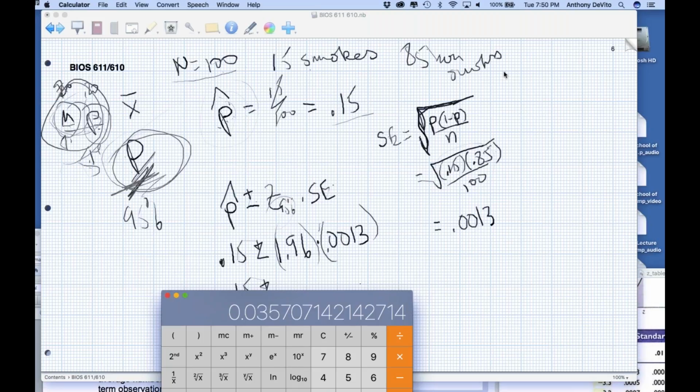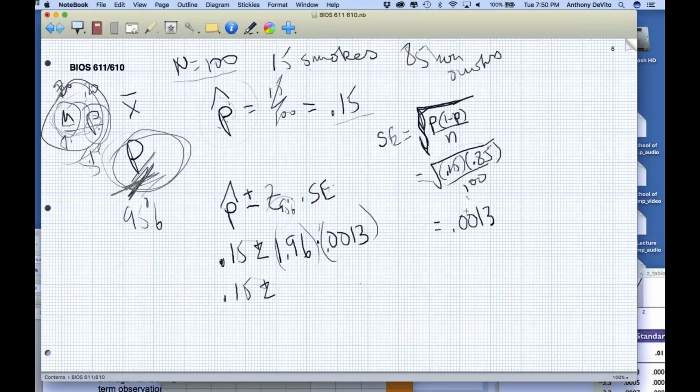So this is equal to 0.036. So now it's 15 plus or minus 1.96 times 0.036. I'm going to roughly call this 2, so this is going to come out to be roughly 0.07. So it's 0.15 plus or minus 0.07.